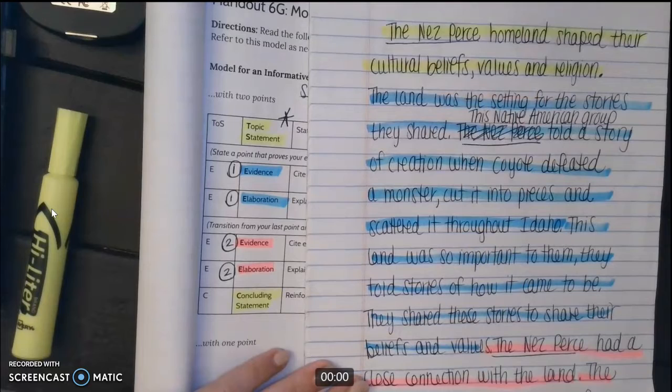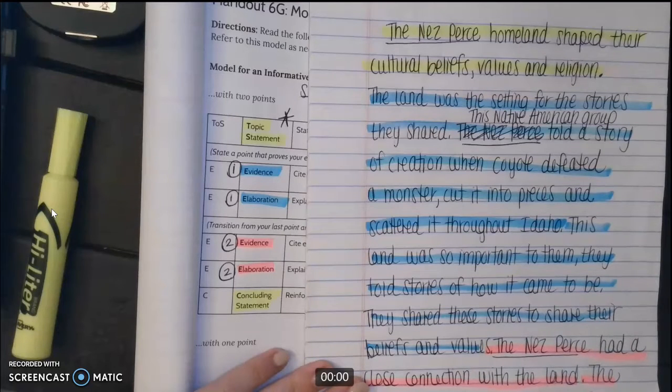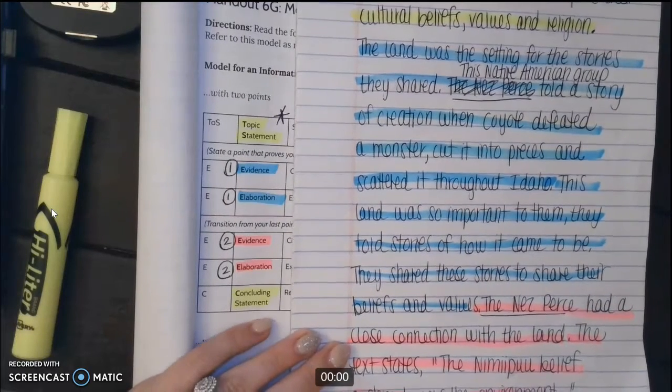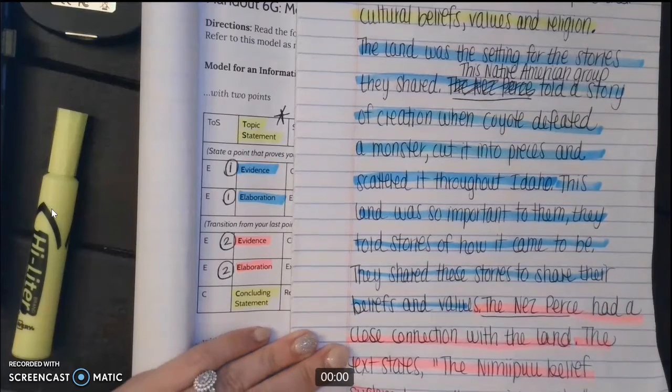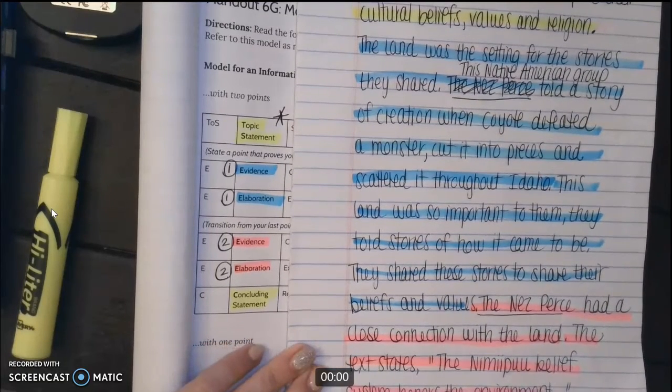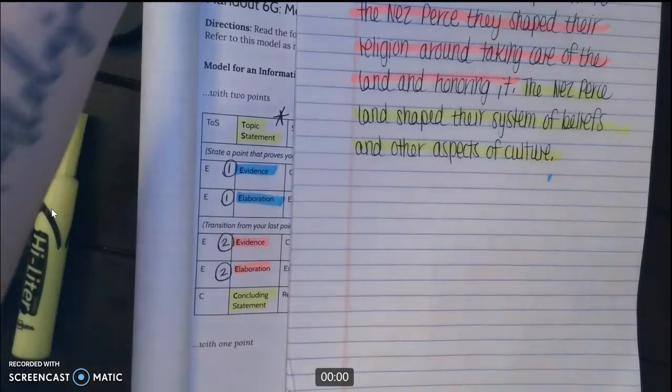The Nez Perce homeland shaped their cultural beliefs, values, and religion. The land was the setting for the stories they shared. This Native American group told a story of creation when Coyote defeated a monster, cut it into pieces, and scattered it throughout Idaho. This land was so important to them, they told stories of how it came to be. They shared these stories to share their beliefs and values. The Nez Perce had a close connection with the land. The text states the Nimipu belief system honors the environment.